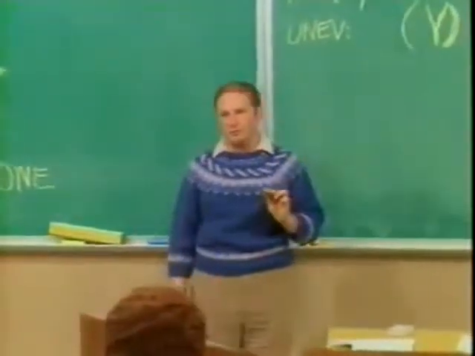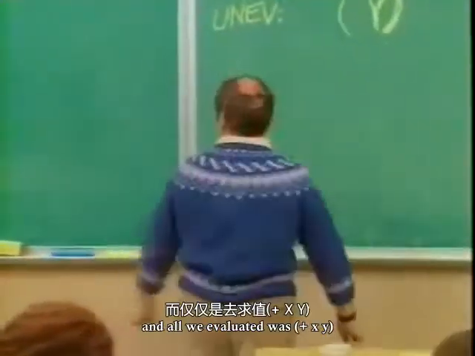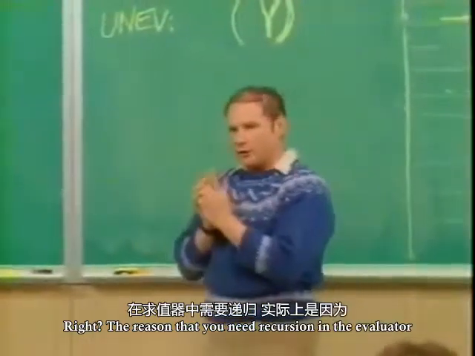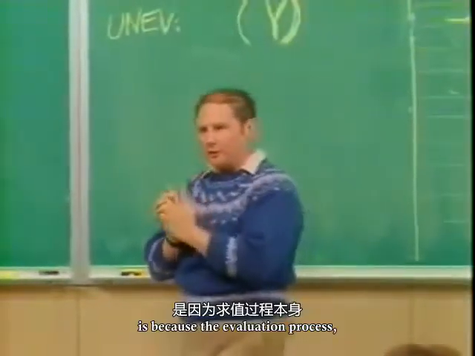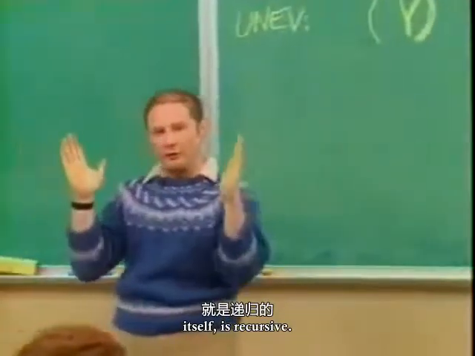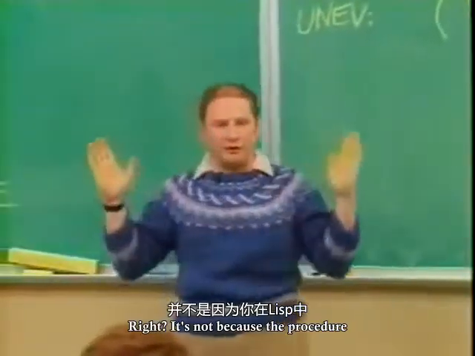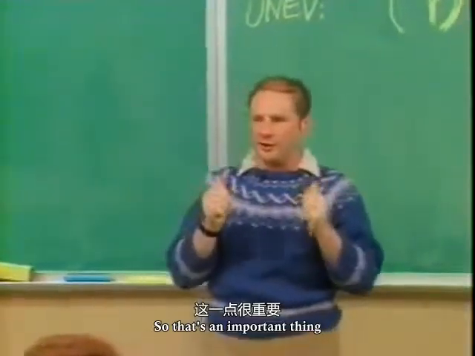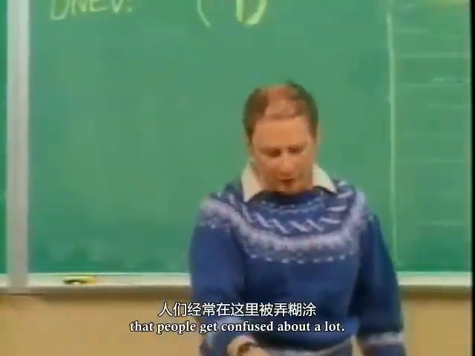It's not true. Notice we did recursion here, and all we evaluated was plus x y. The reason that you need recursion in the evaluator is because the evaluation process itself is recursive. It's not because the procedure that you might be evaluating in Lisp is a recursive procedure. That's an important thing that people get confused about a lot.